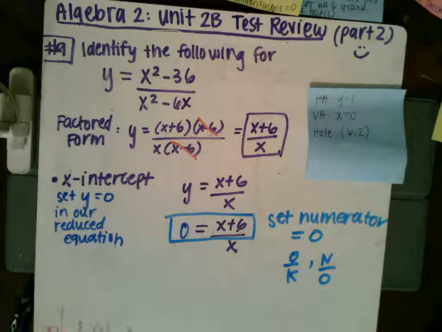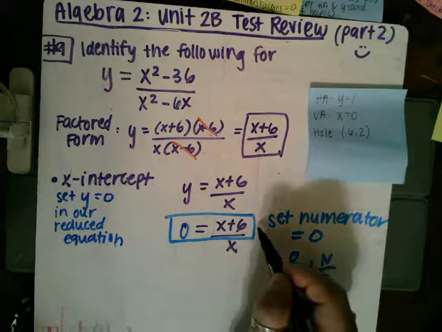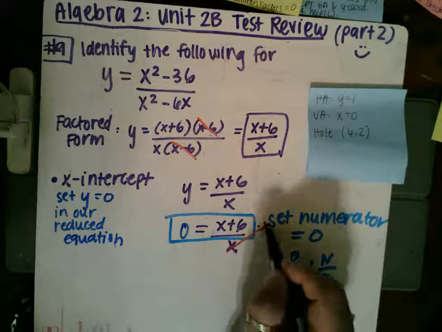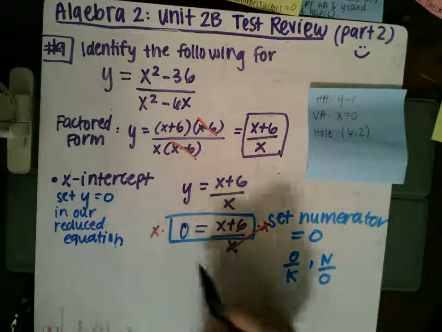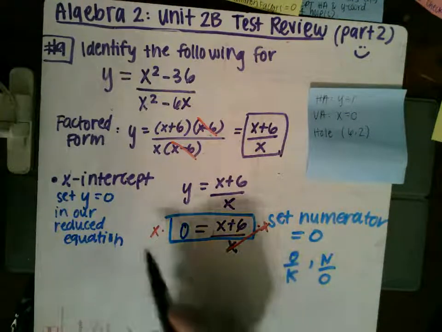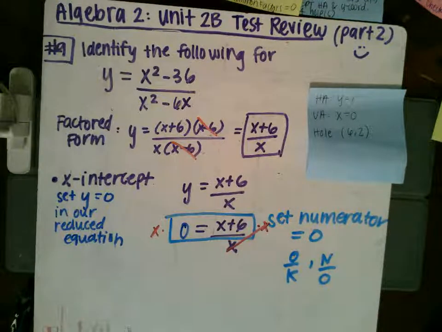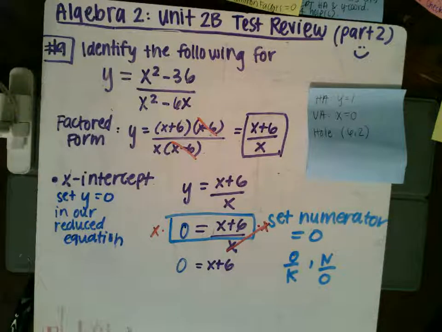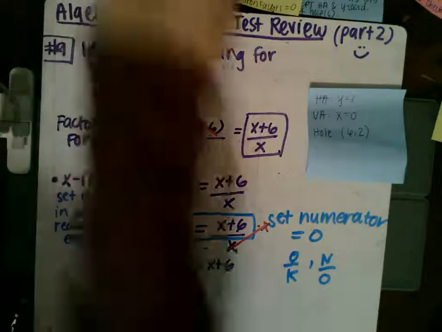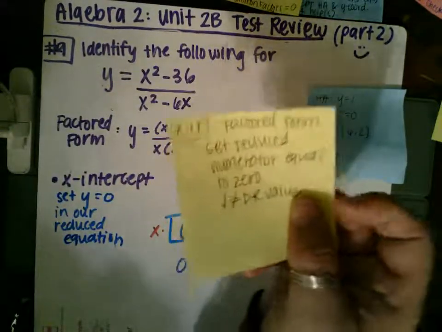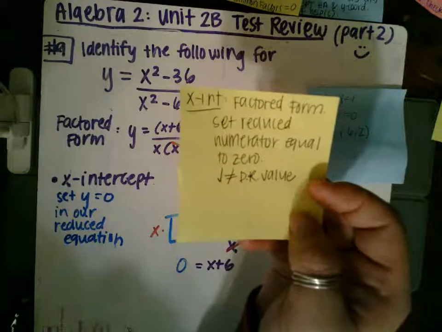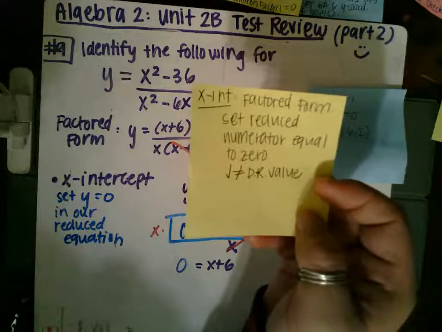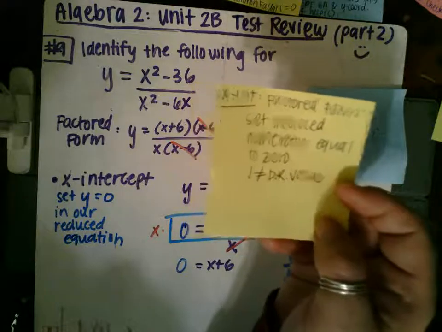Technically, if I wanted to solve for x by algebra, I would multiply both sides by x to get rid of the denominator. 0 times x is still 0, folks. And voila, we have our numerator set equal to 0. 0 is equal to x plus 6. So if you're in my class, you know that to find our x-intercepts, we set the reduced numerator equal to 0 and check that it's not a domain restriction.